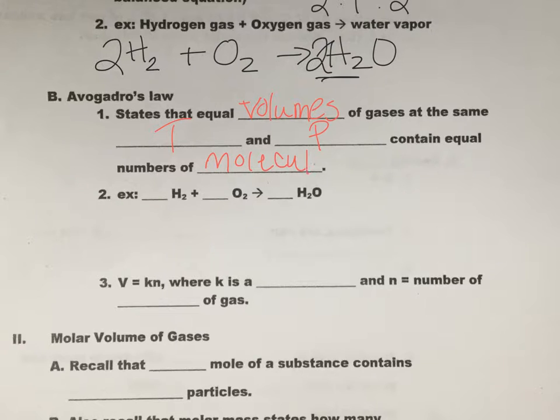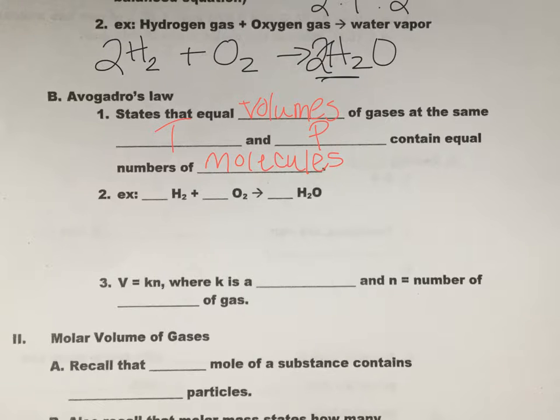Okay? So if we know this is directly related to the moles, how many molecules does 1 mole contain? What's that magic number that we learned? Good. 6.02 times 10 to the 23rd. That big Avogadro's number, right?